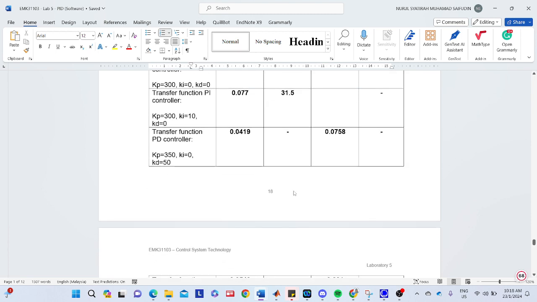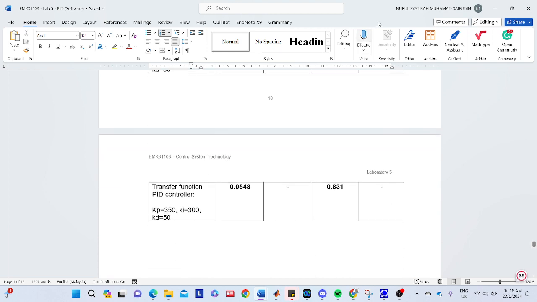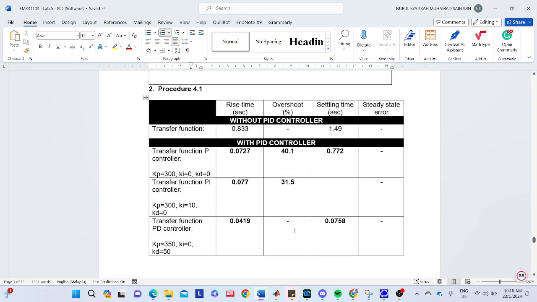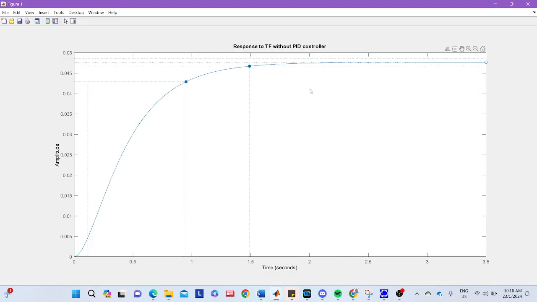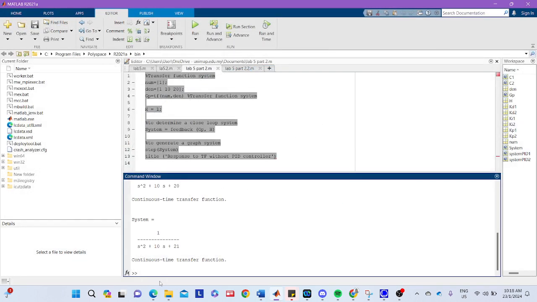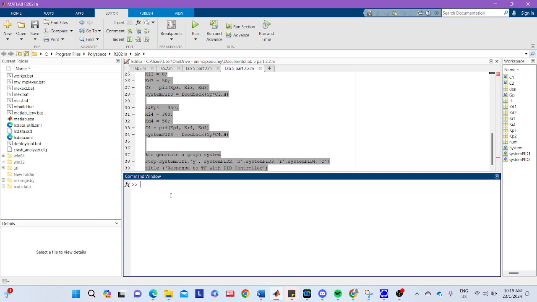Lastly, we need to do it with the PID controller. We need to put all the values in the coding. There are 4 graphs in the result. I already did the coding.